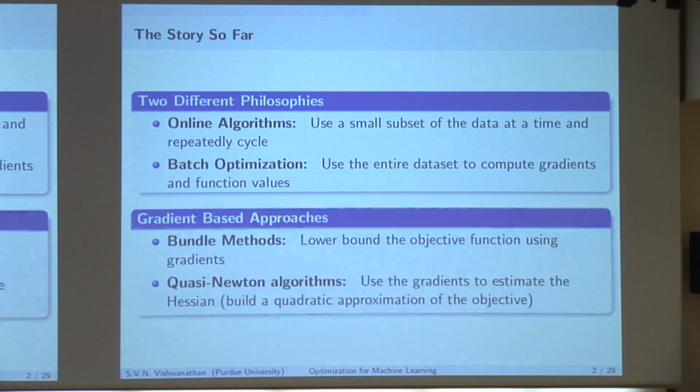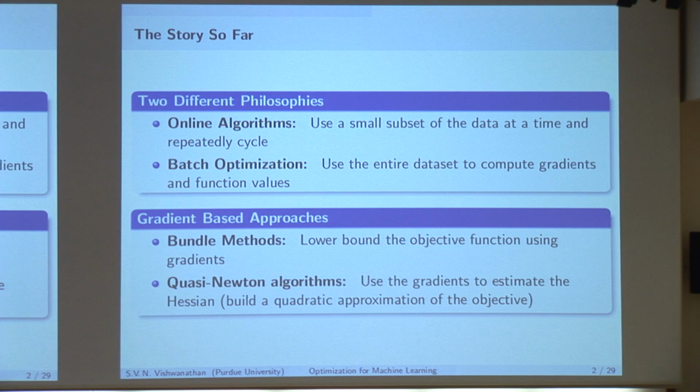Now there are two fundamentally different philosophies on how you can use your past gradients. We saw one philosophy, which is what the bundle methods did: you use your gradients to lower bound the objective function. You build a piecewise linear lower bound, you know that your function cannot go below this value, and you use that.